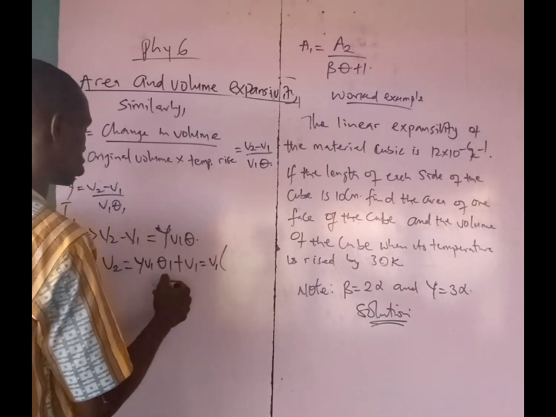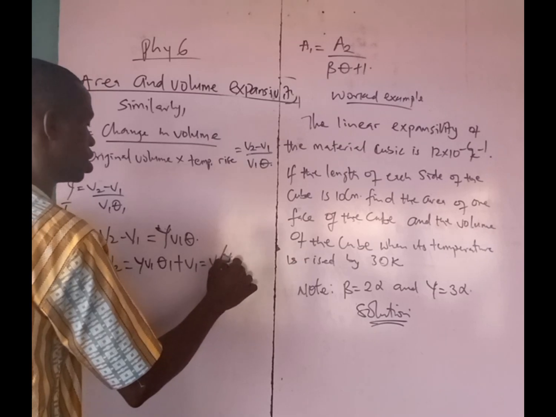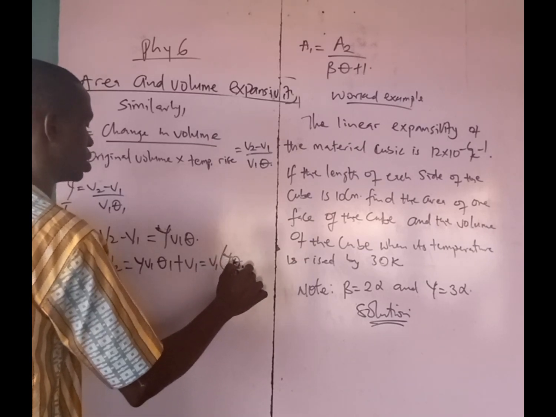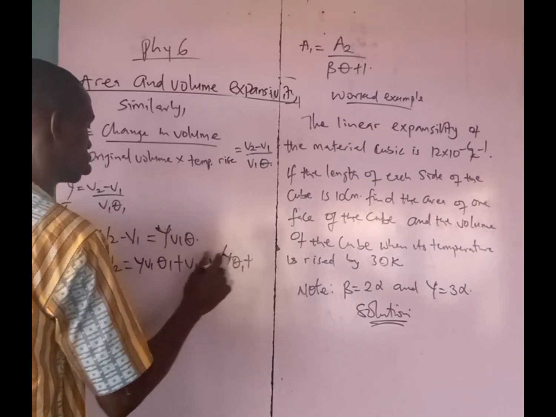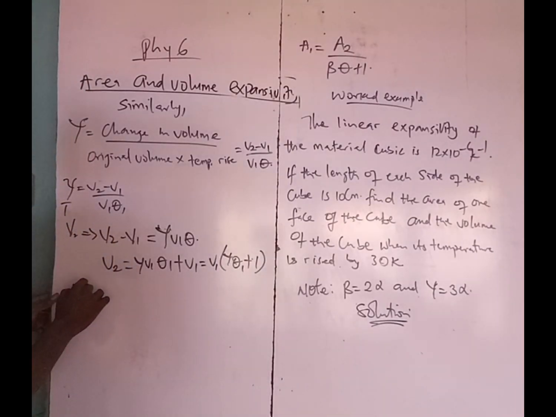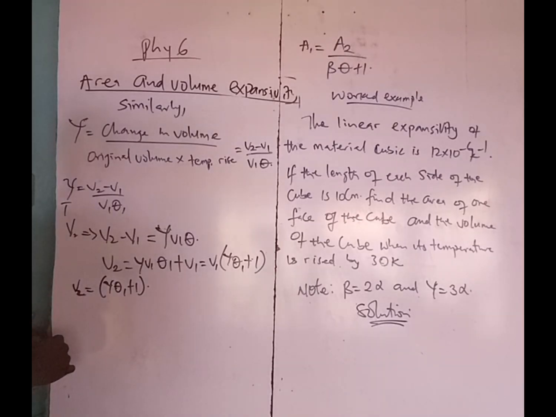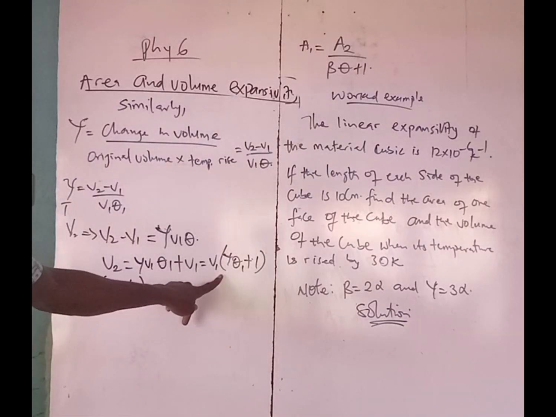V1 is common, so we factorize, and V2 will be V1 times gamma theta plus 1.